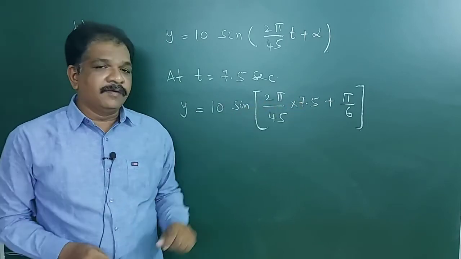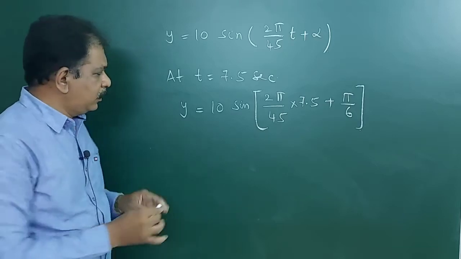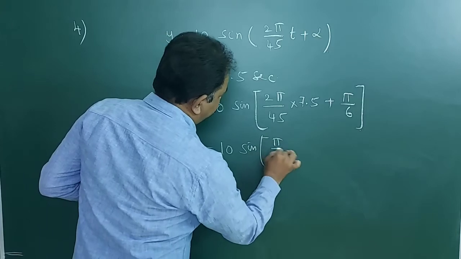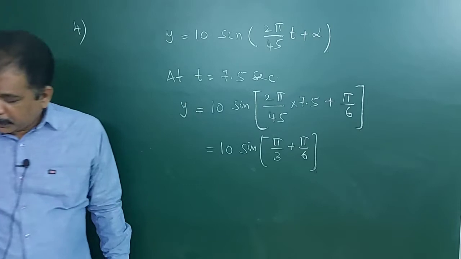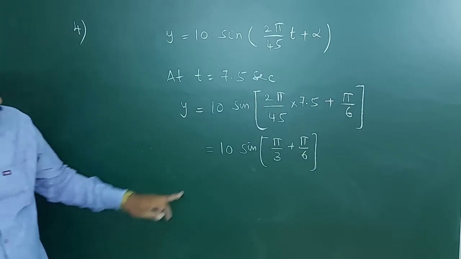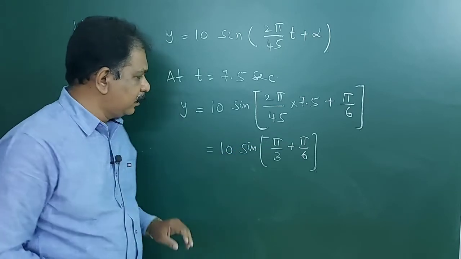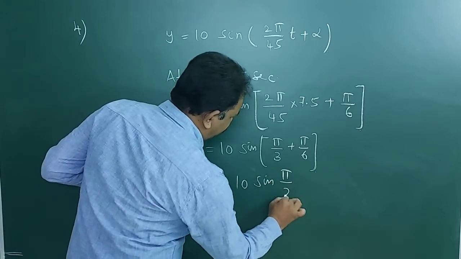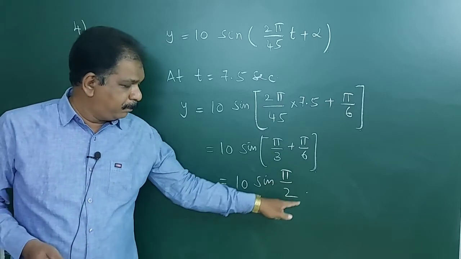So 2 into 7.5 means 15. 15 by 45 means 3. So, pi by 3 plus pi by 6. Pi by 3 means it will be 60. Pi by 6 means 30. 60 plus 30 means 90. So this is 10 sine pi by 2. They are asking just phase only. Phase will be pi by 2.